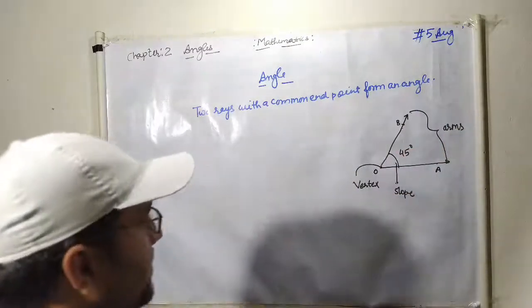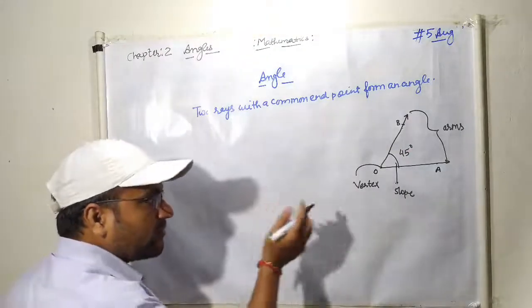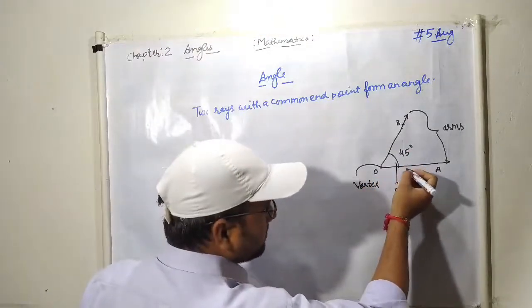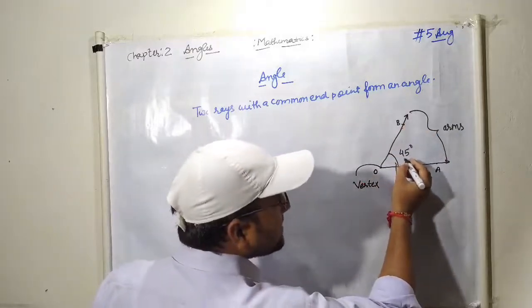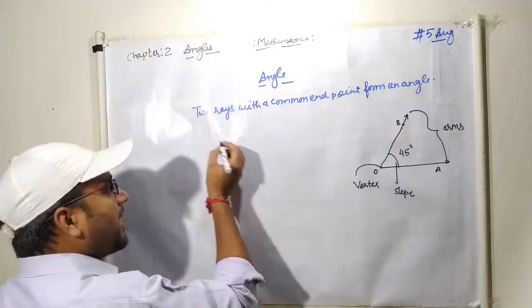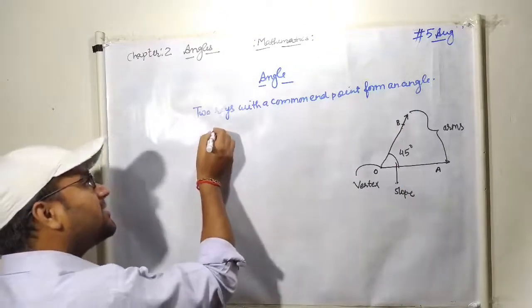For going from one arm to another arm, it is measured in degrees. The symbol of angle is this one.